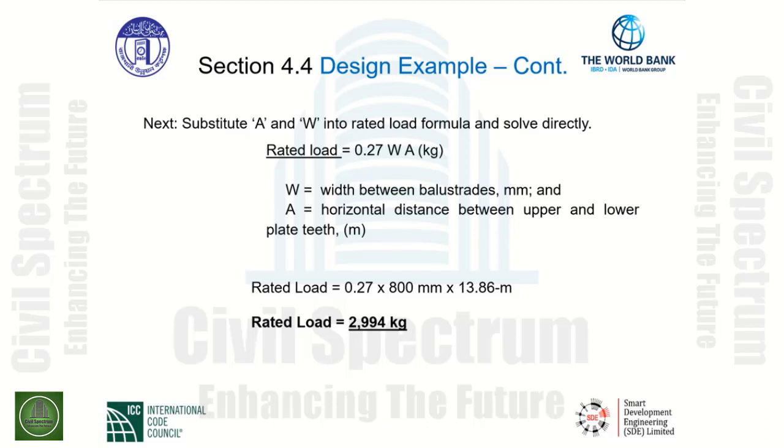As we recall, our rated load formula is 0.27 times W times A. We introduce those values and set that equal to 0.27 times 800 millimeters times 13.86 meters. Therefore, our rated load equates to 2,994 kilograms.